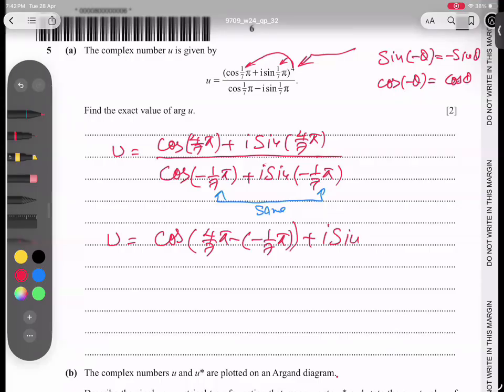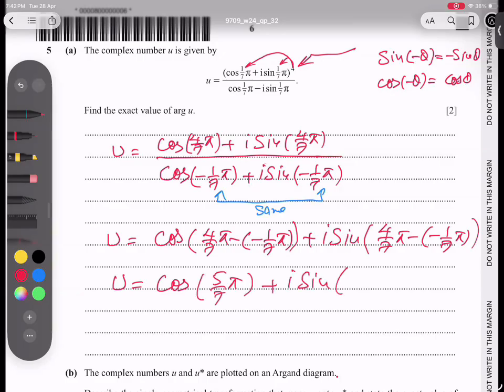Again, the upper angle is 4 by 7 pi and minus 1 over 7 pi. Now, if I simplify, students, what do I get here? 4 minus 1 is 3, so I'm getting 5 over 7 pi. Same story here for sine, 5 pi over 7.